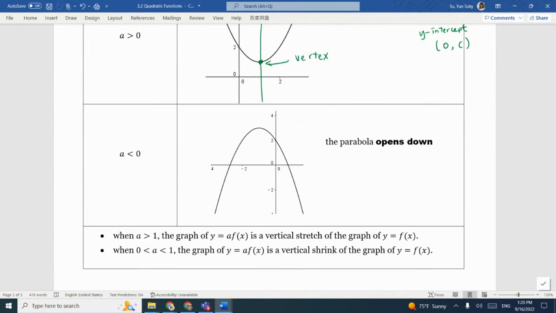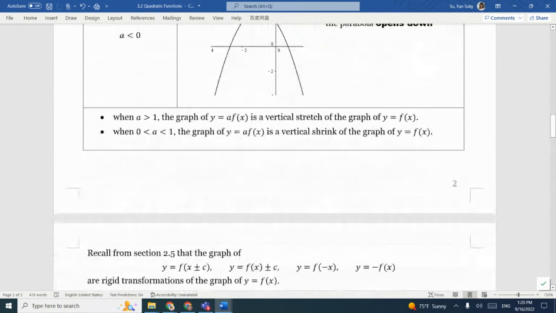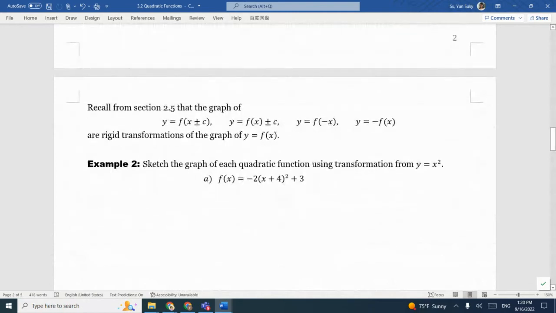If a is between 0 and 1, we have a vertical compression. Do you remember that from session 1.5? Yes.